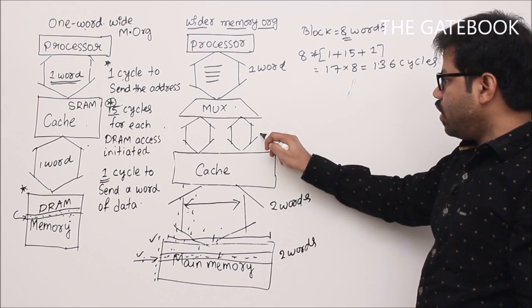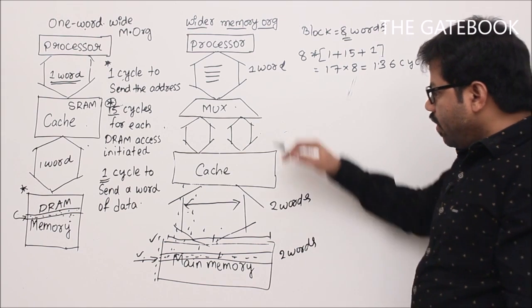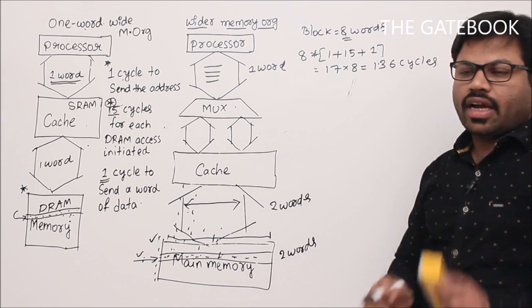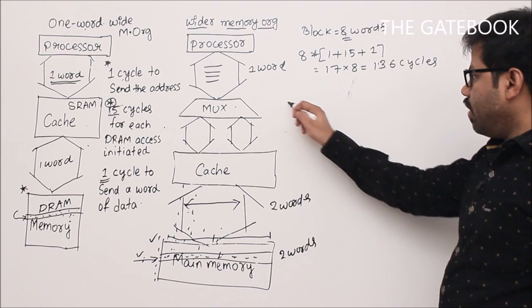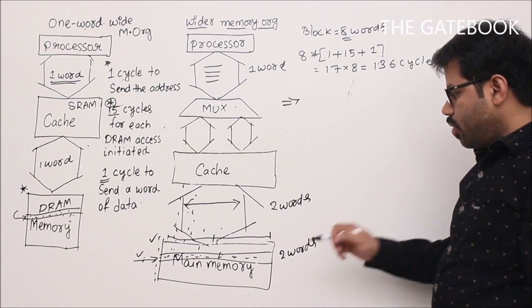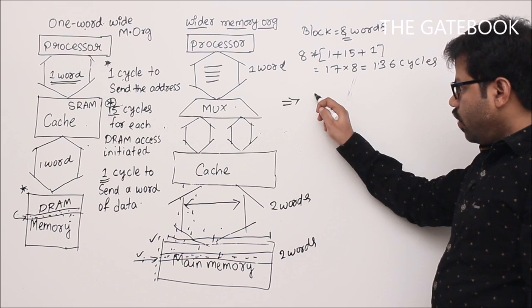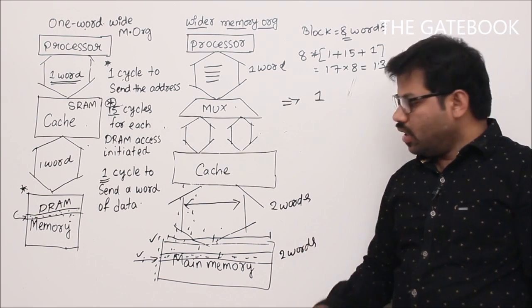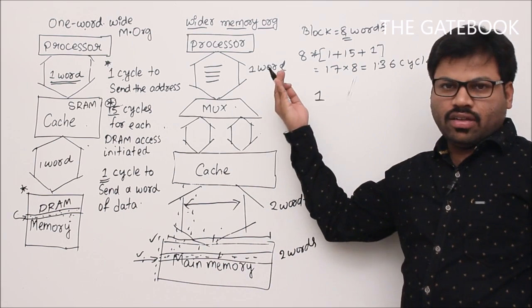Let us assume your block size is 8 words again, but design 2. In design 2, whenever there is a cache miss, we will transfer 1 block from main memory to cache. How much time will it take? That's the question. That is the main memory access time. First of all, specify the address of the first word, so automatically 2 words will be fetched.